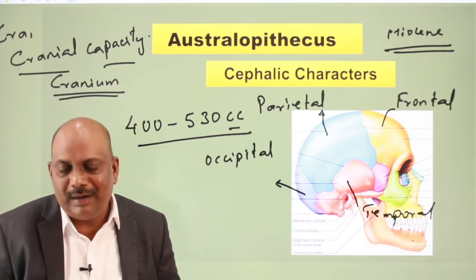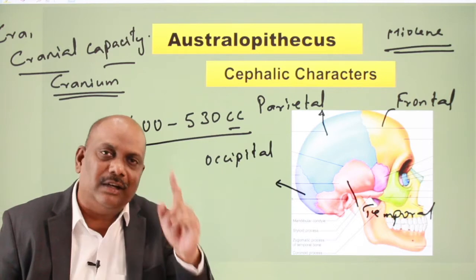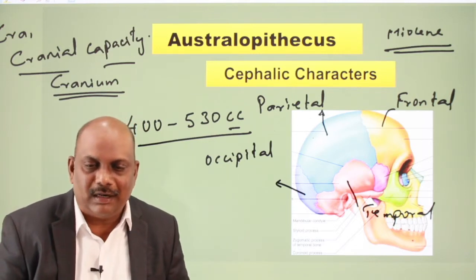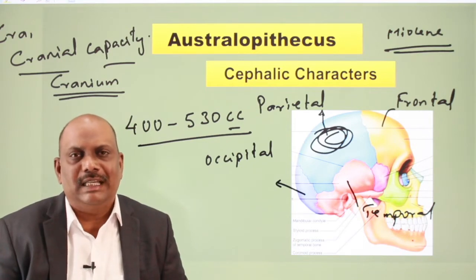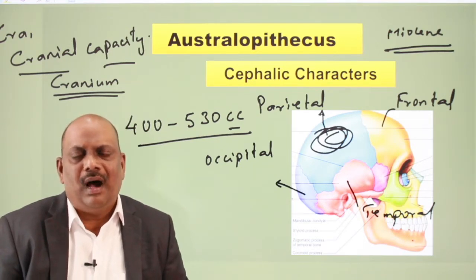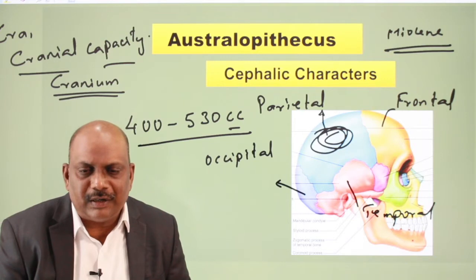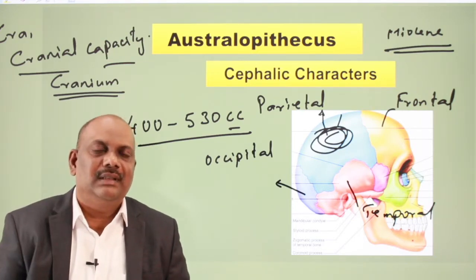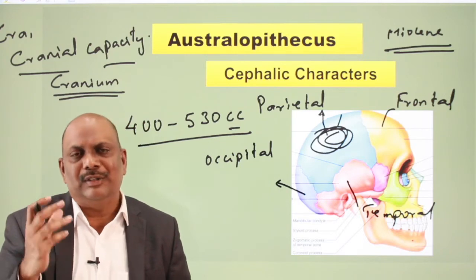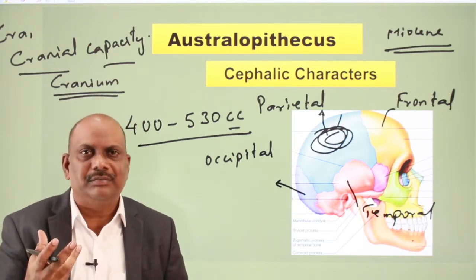And the development is largely in the parietal region. Here we have the cerebrum. These regions of the brain are associated with sound production.